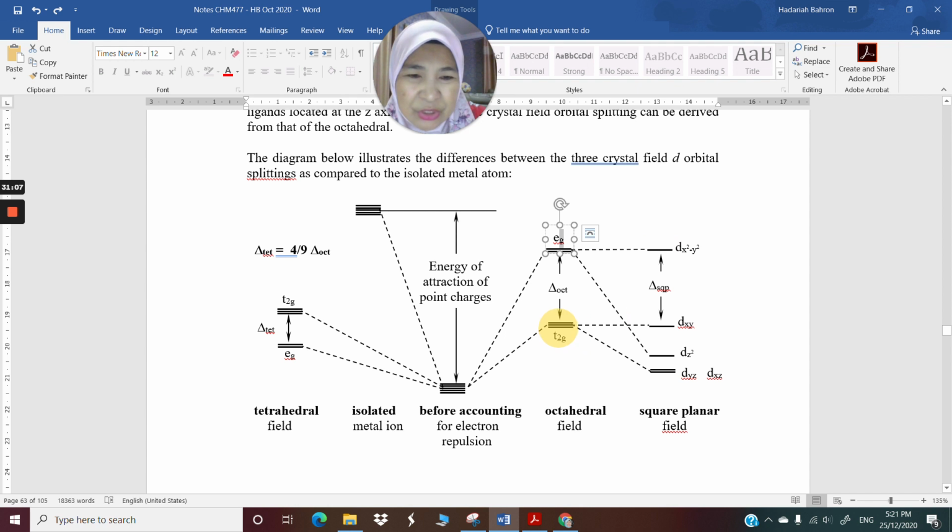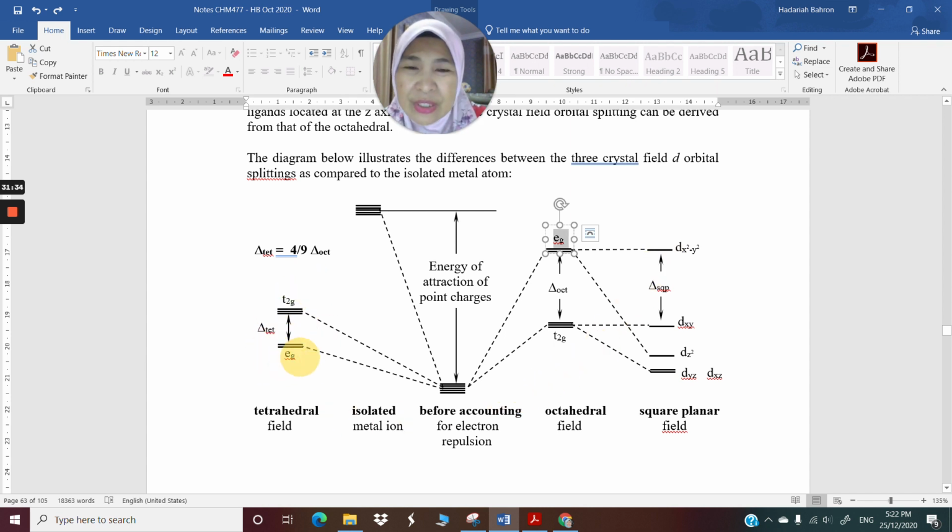This is your T2G. You have dxy, dyz, dxz. Anything that has z, two of them will also become stabilized to go down lower, but your dxy remains at the same energy level. So this is the splitting for your square planar field.